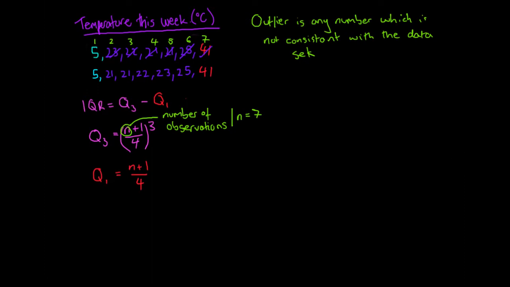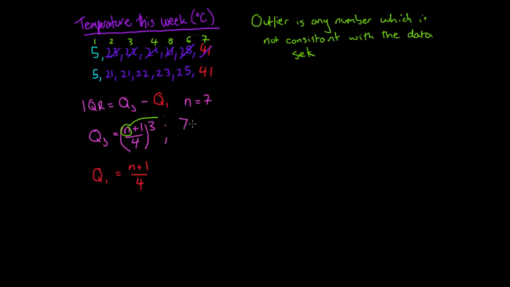Now we want to calculate where these quartile values will be. For our third quartile, we have n equal to 7, so we sub our numbers into the formula.